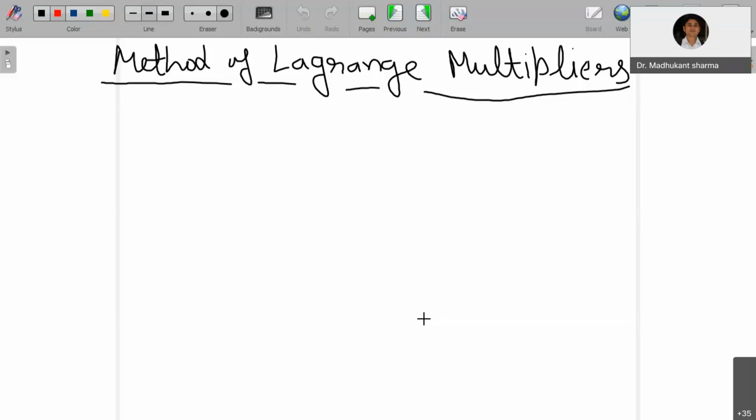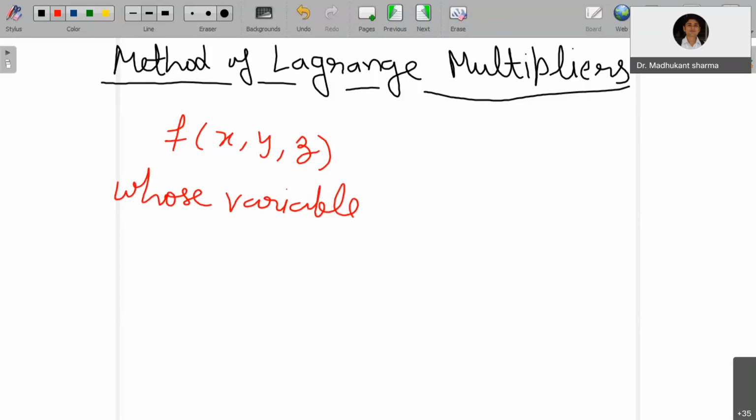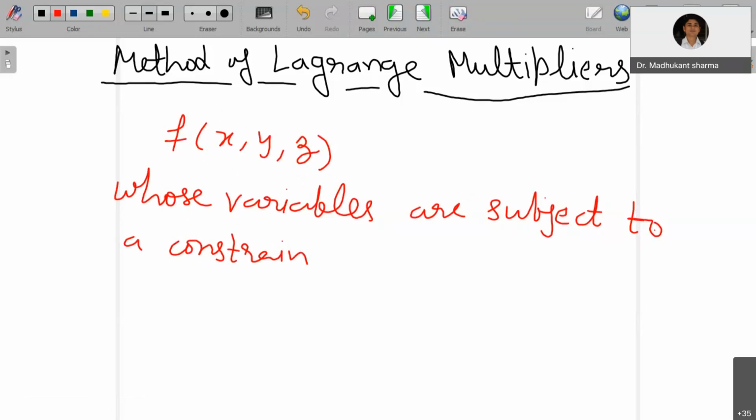Okay, let's move forward now. So now we are going to introduce a new method, named the method of Lagrange multipliers, which is extremely useful in finding the extreme values of a function f of x, y, z whose variables x, y, z are subject to a constraint.